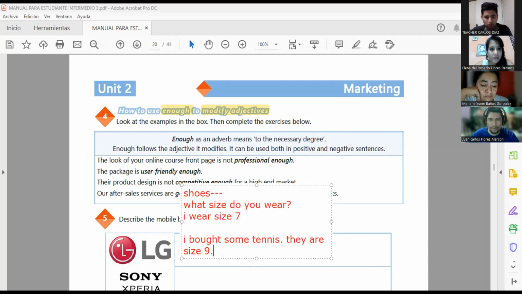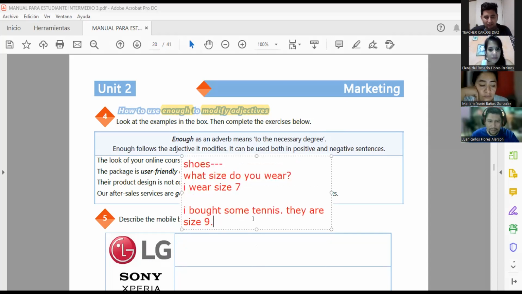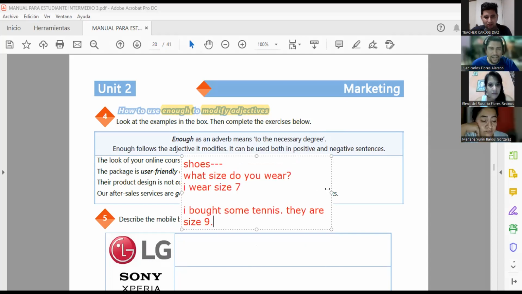No, it's not good. Why? It's big enough. Is not. What is the problem? It's small. It's small enough. It's too big.